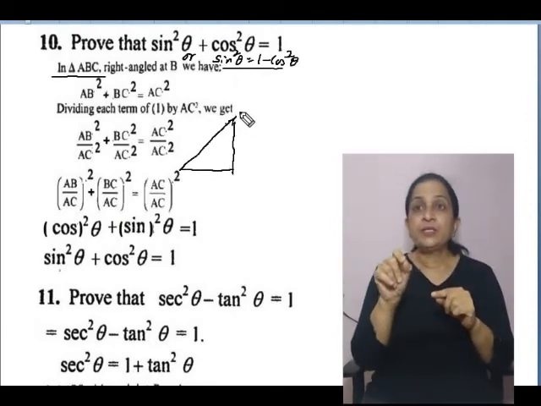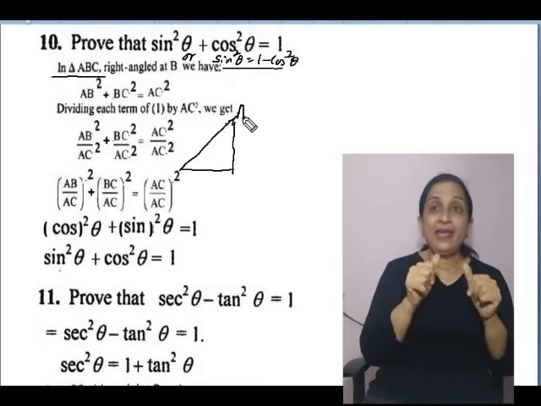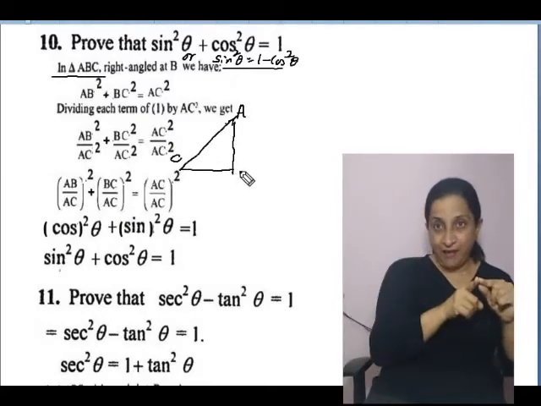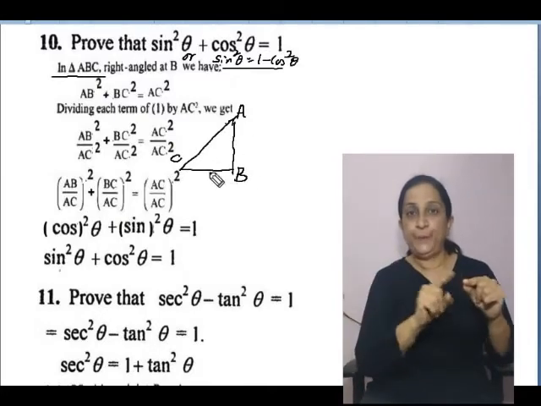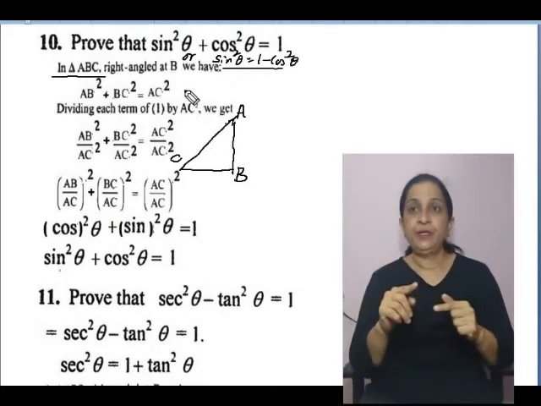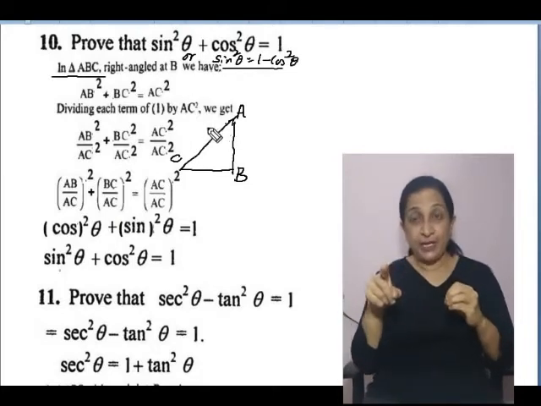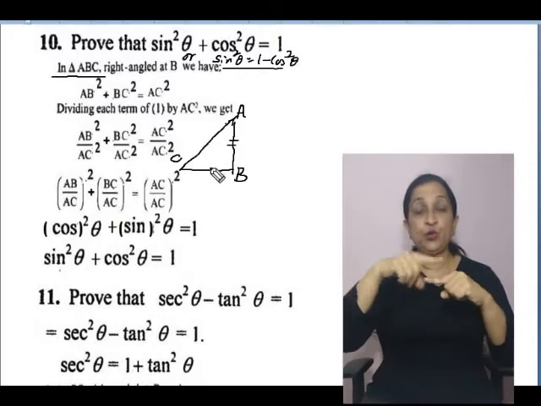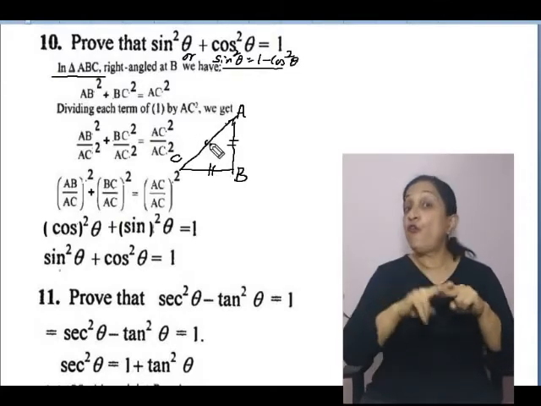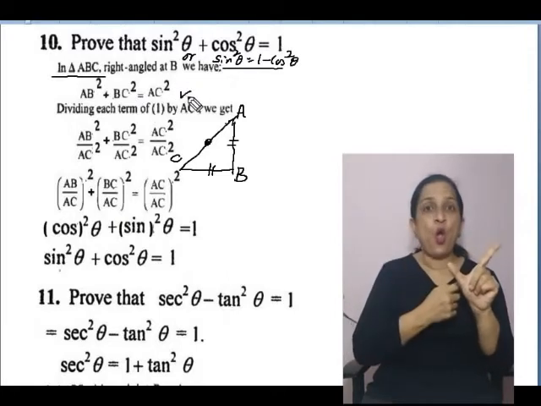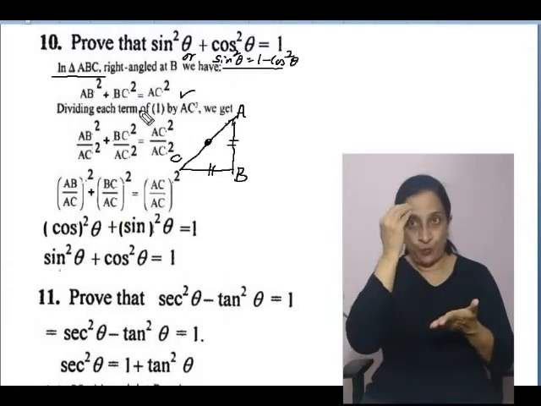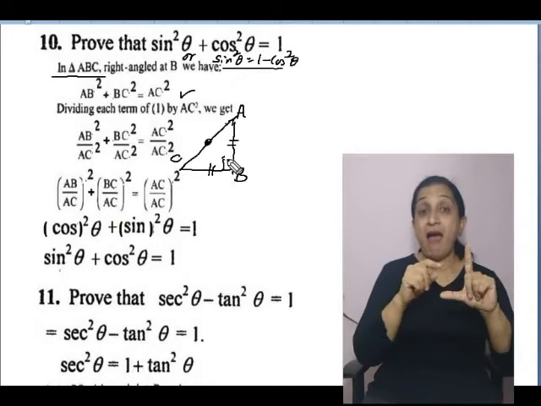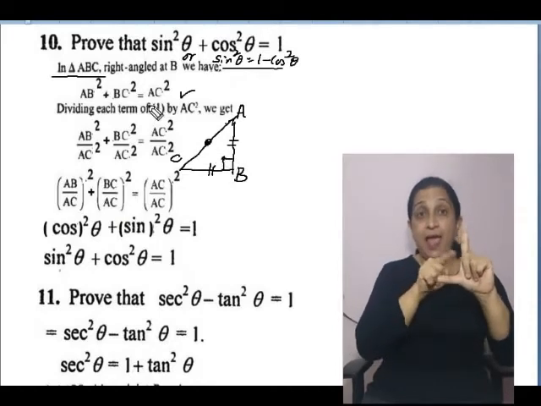AC is the hypotenuse, so it is A, C and B. Here AB squared plus BC squared is equal to AC squared, by virtue of being a right angle triangle, Pythagoras theorem, right?